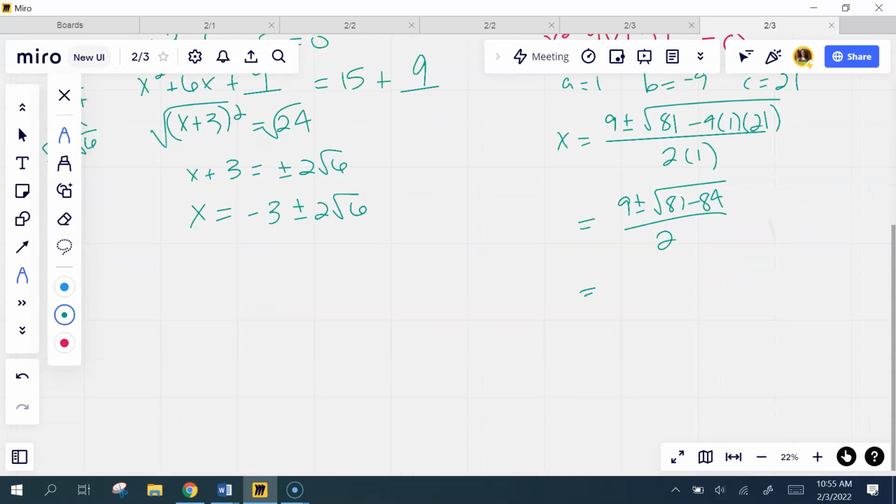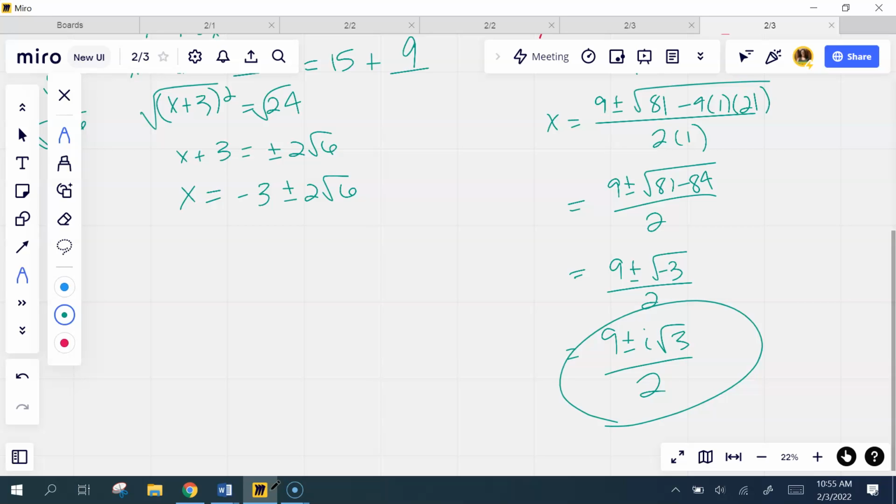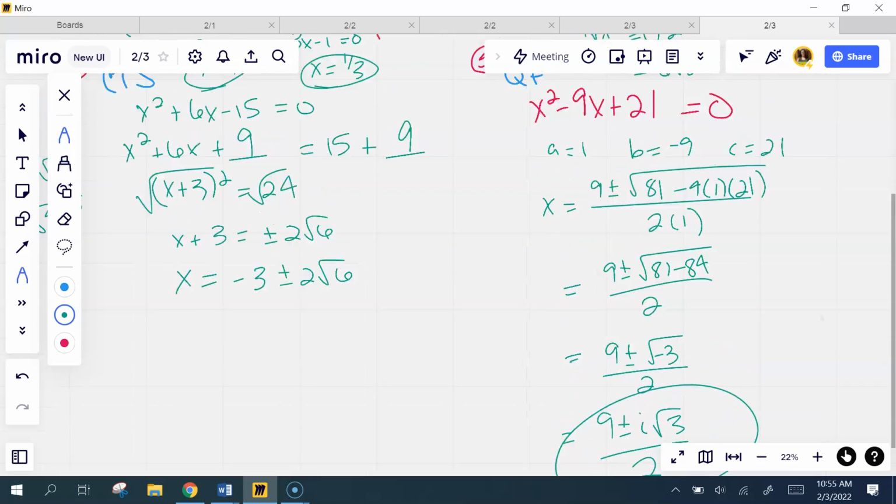Ooh, I've got some imaginary answers here. 9 plus or minus the square root of negative 3. So I take that i out there and leave it. Can't break 3 down any further, so I leave it. Yes or no? You good? Yes.